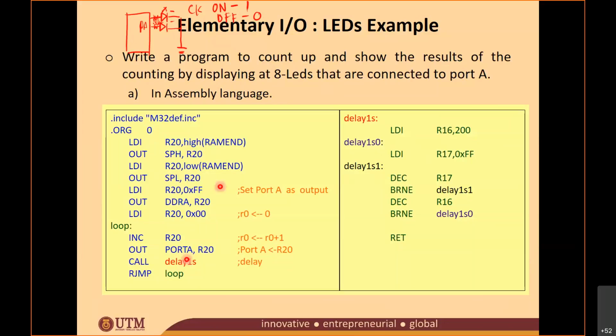Since we are going to use a subroutine delay, you are required to initialize this stack pointer. This is the stack pointer initialization. Why? Because you are going to call a subroutine. If you do not use a subroutine, then there is no need to initialize the stack pointer.